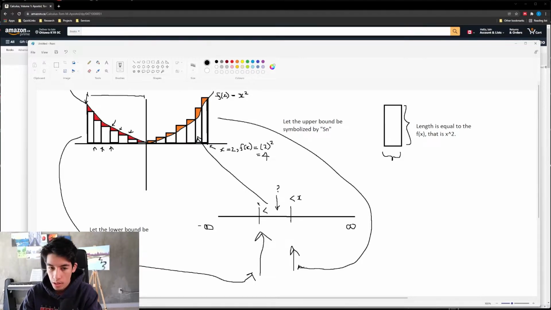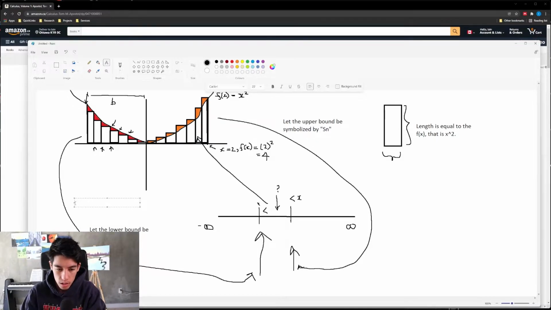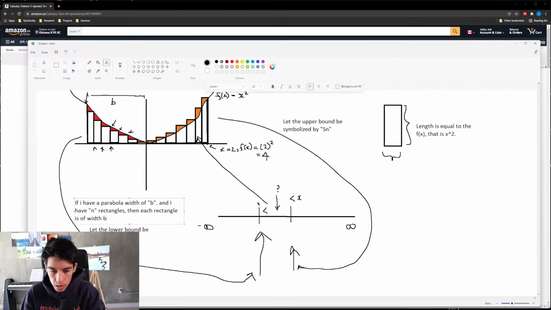What that means is, if I have some width here, and I draw n rectangles, to relativize this, if I have a parabola width of b and I have n rectangles, then each rectangle is of width b over n, right?